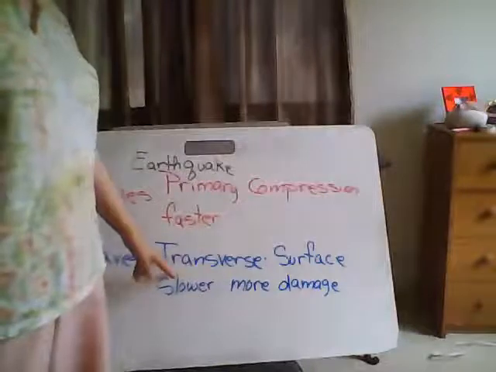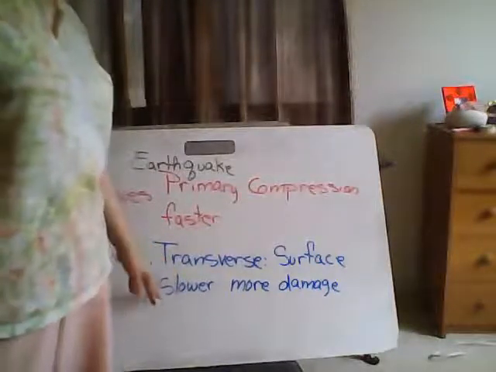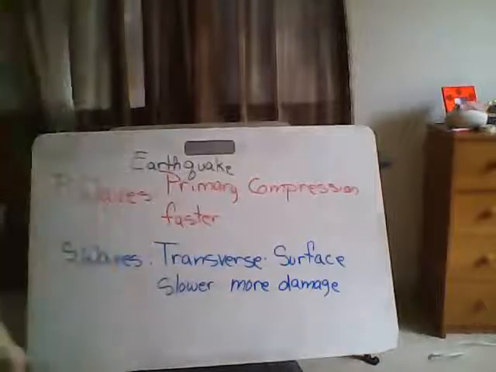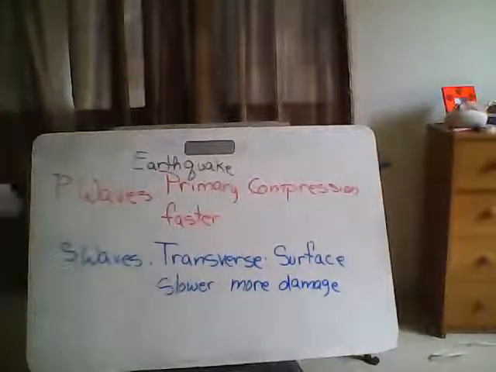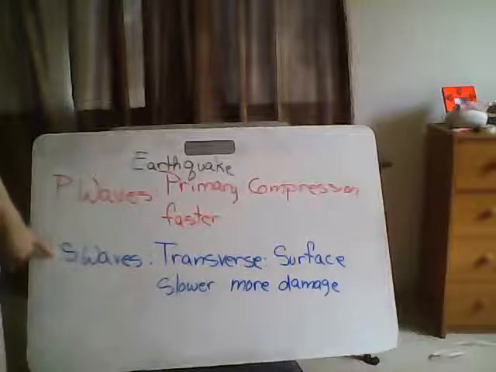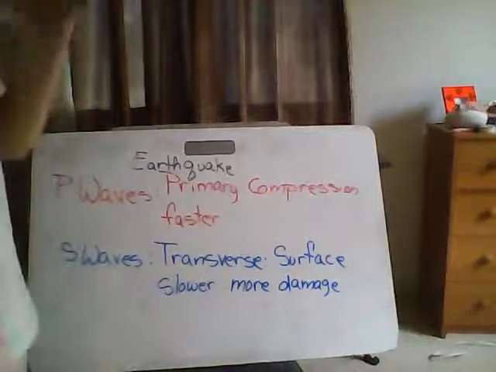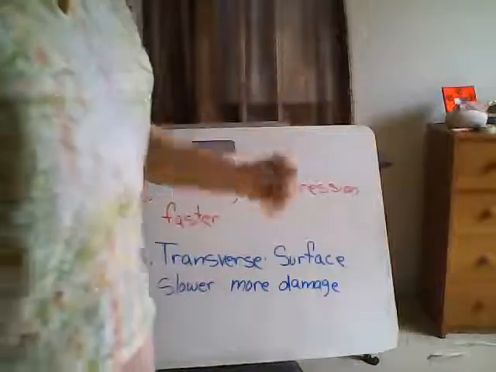And the S wave is your transverse wave. It's slower and causes more damage. So this one arrives first, this one arrives later. If we know the difference in time between the arrival of the two waves, then we can determine how far away the earthquake epicenter is. The epicenter is where the earthquake originated.